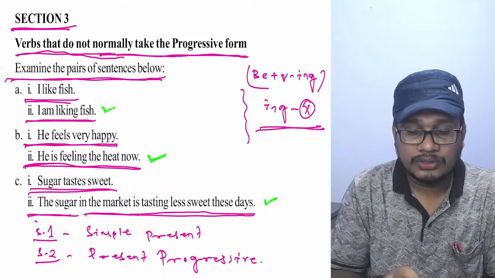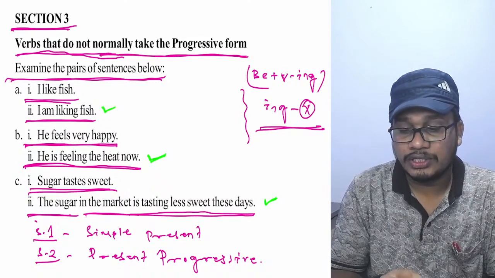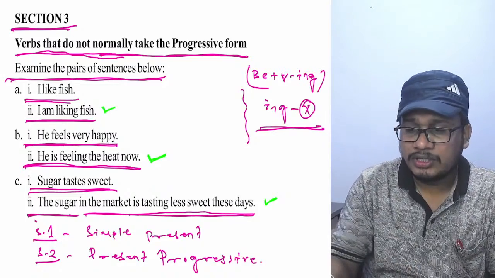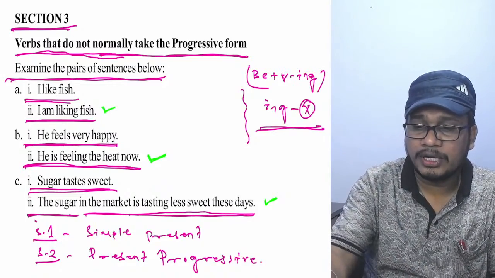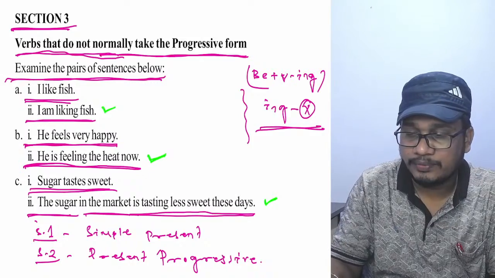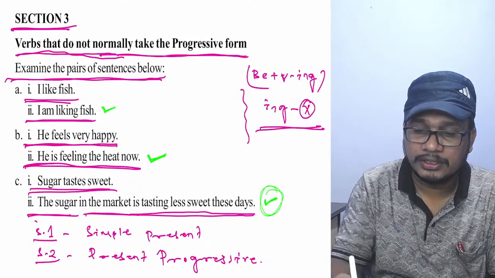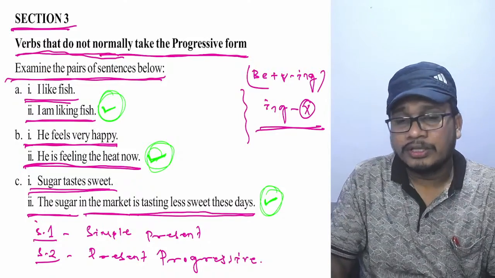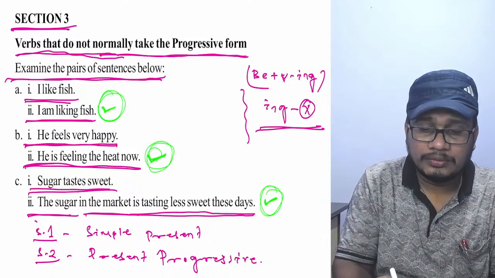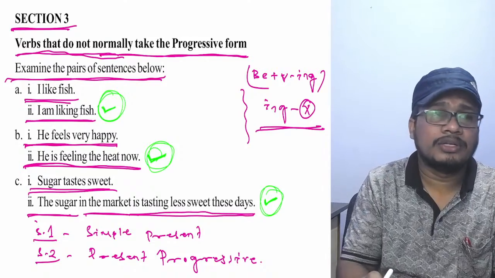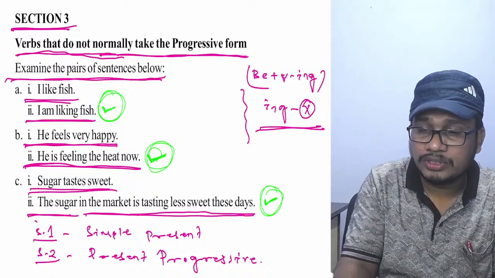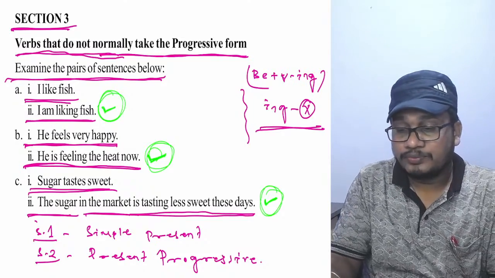Sugar tastes sweet; the sugar in the market is tasting less sweet these days. These are the unacceptable sentences, because the verbs used here usually do not take the ing form or progressive form, so they are unusual and ungrammatical.